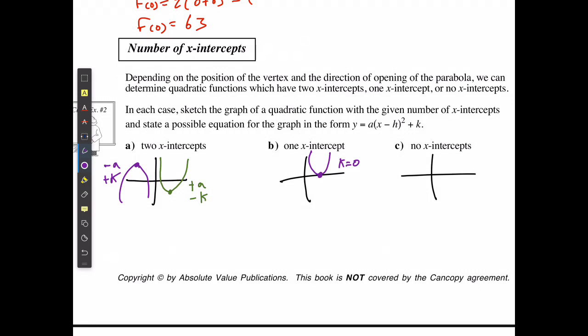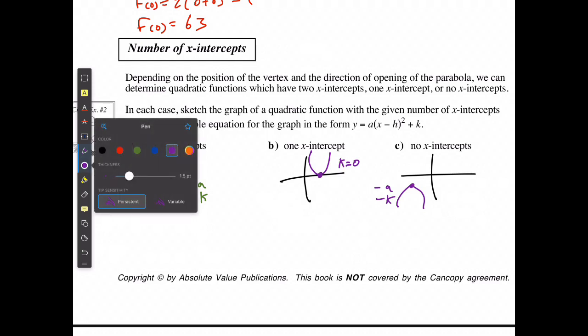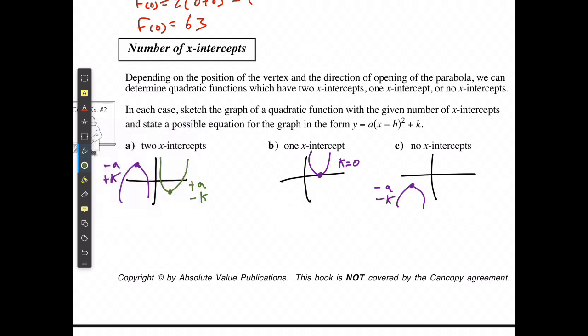Or I can have no intercepts if I have a maximum that is less than 0, which means that I have a negative a and a negative k. Or I have a minimum that is greater than 0, which is going to be a positive a value and a positive k value.